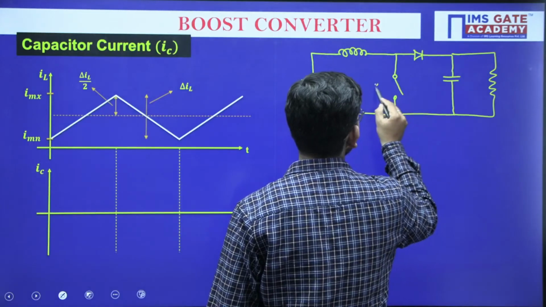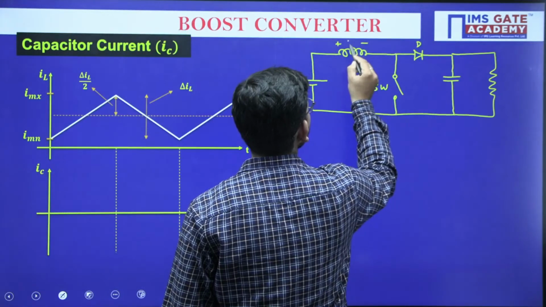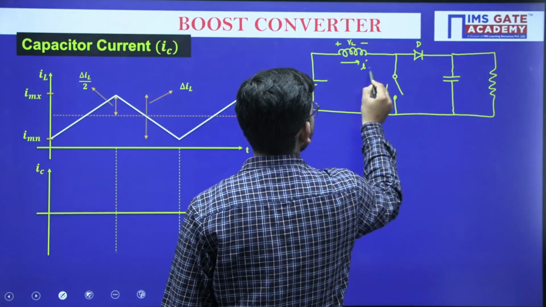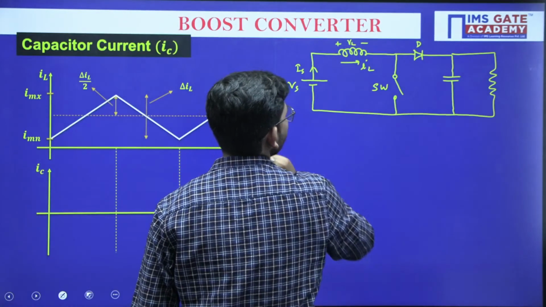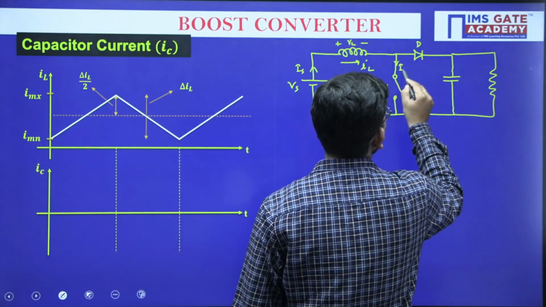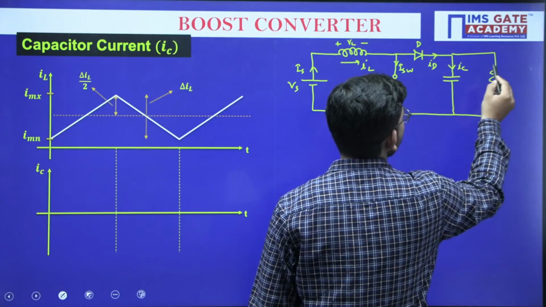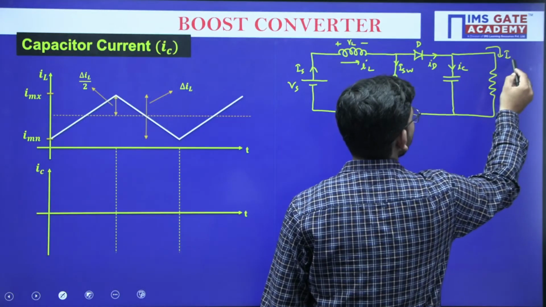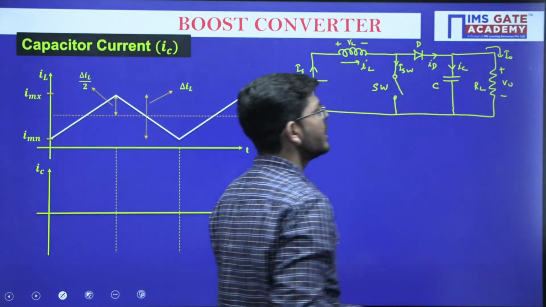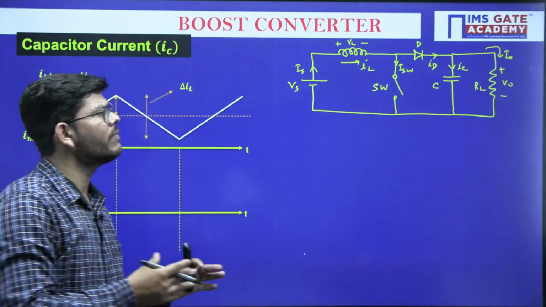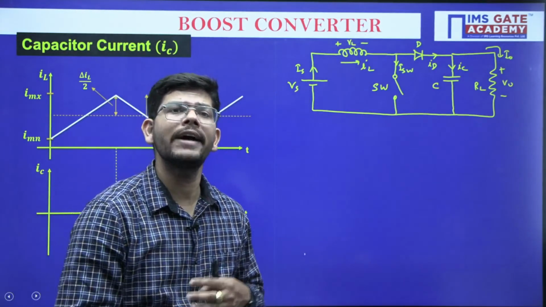So this is the switch that we have, this is the diode that we have, and this is the inductor that we have. This is the inductor current, this is the source current, this is the source voltage, this is the switch and its current, this will be the diode current, and this will be the capacitor current. This has to be the I naught, and this will be V naught across the load.